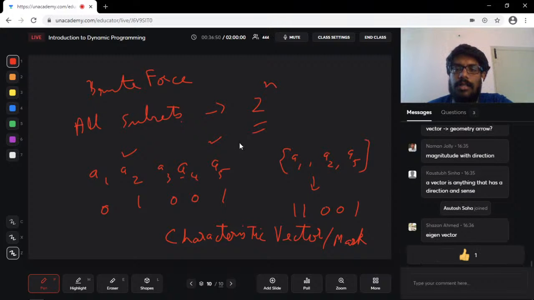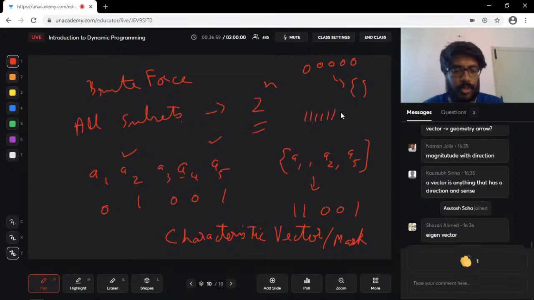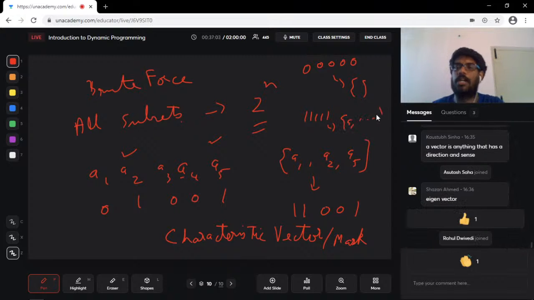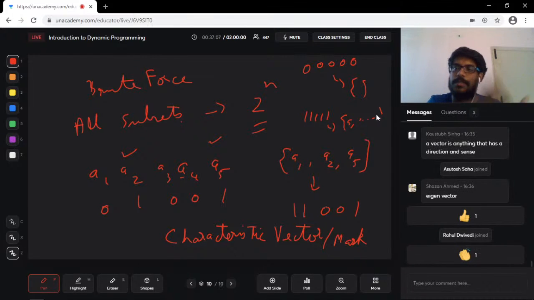So 0, 0, 0, 0, 0 corresponds to the empty subset. 1, 1, 1, 1, 1 corresponds to the subset A1, A2, A3, A4, A5. So there is a bijection between the set of all subsets and the set of all binary strings of length n, right?